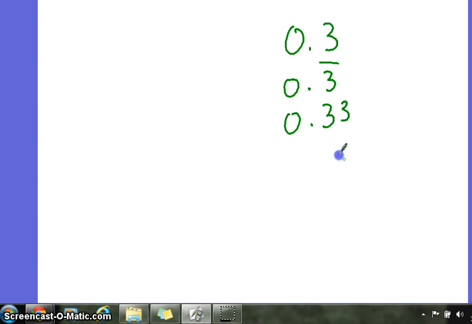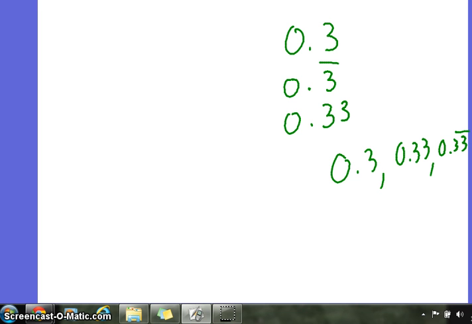Then 0.33, and then 0.3 repeating. 0.3 is the smallest because it's just 0.3. 0.33 is a little bit bigger, and never-ending 3s is just a little bit bigger than that. It's the difference between 0.30, 0.33, and 0.333. So that's least to greatest.